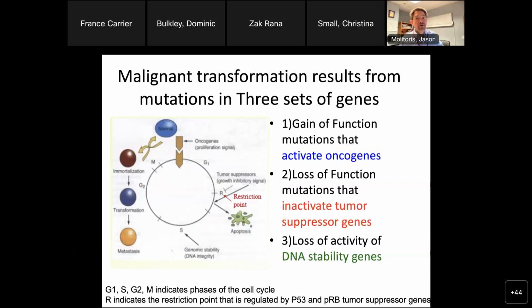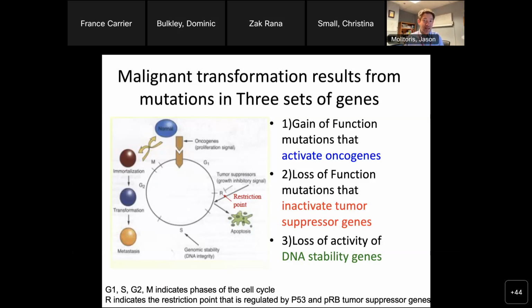All right, so the malignant transformation results from mutations in three types of genes. It's really important to understand these groups of genes, and as we go through the different pathways, hopefully we'll be able to talk about some of these aspects again. So gain of function mutations are when a gene becomes more active.